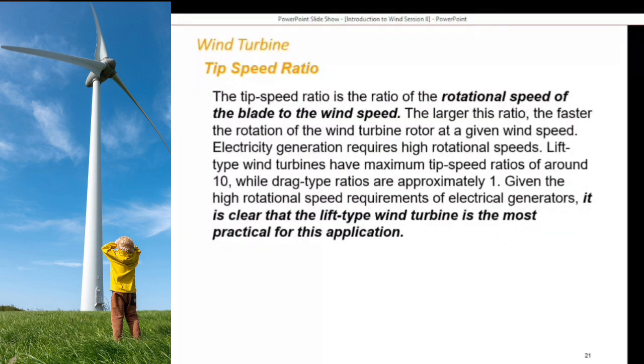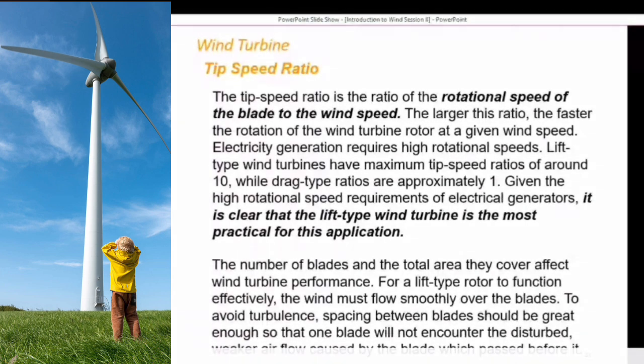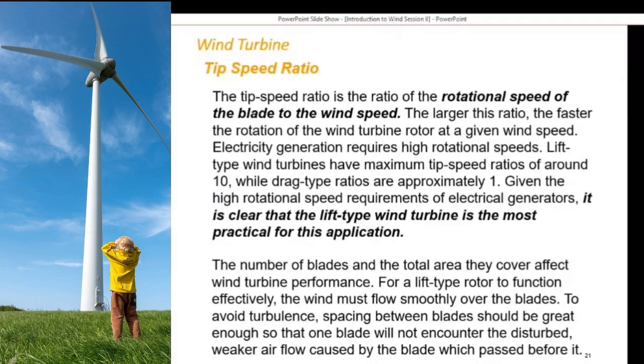Now, what we will be calling the tip speed ratio. The tip speed ratio is the ratio of the rotational speed of the blade to the wind speed. The larger this ratio, the faster the rotation of the wind turbine rotor at a given wind speed. Electricity generation requires higher rotation speed, of course, because we know that kinetic energy is essential.